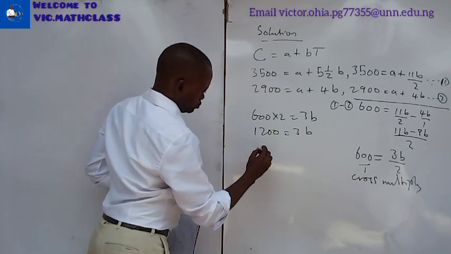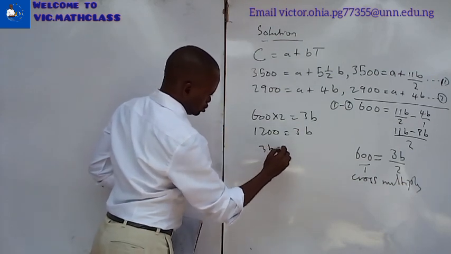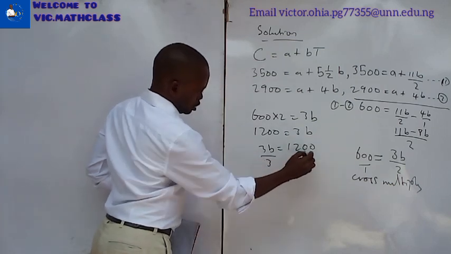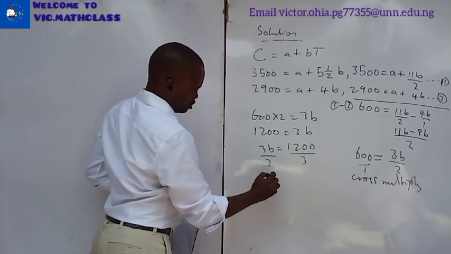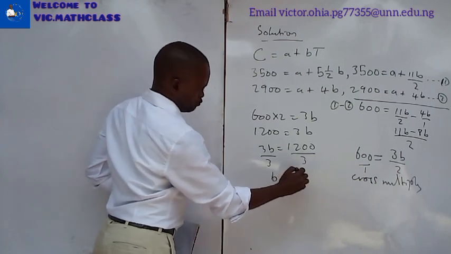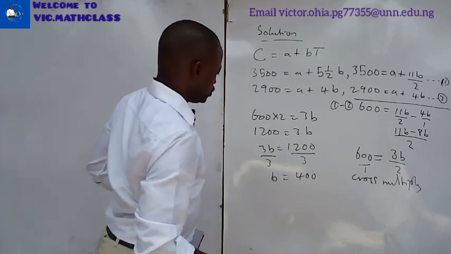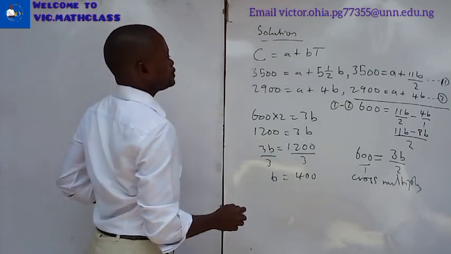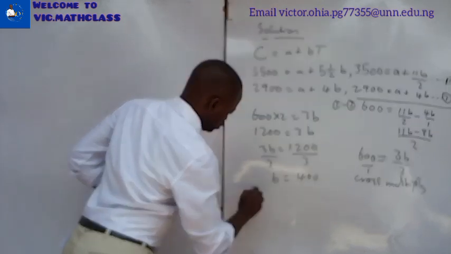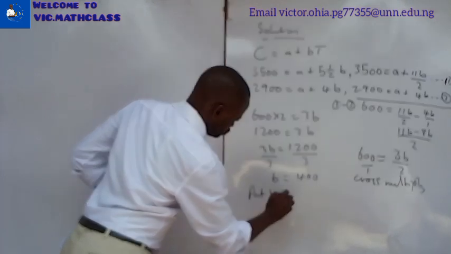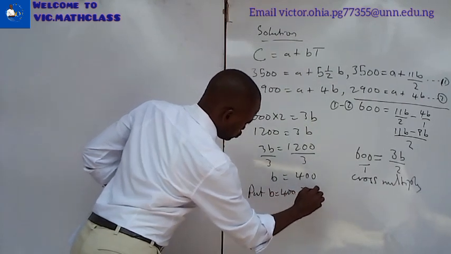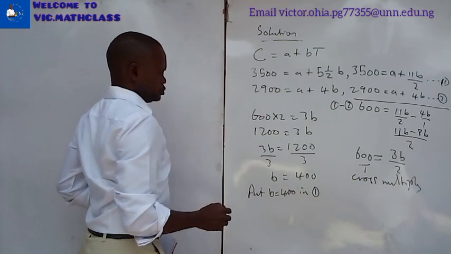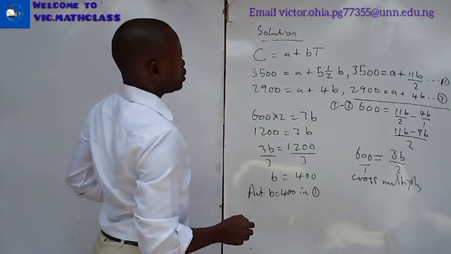So what do we have? 3B is the same thing as 1200. If I divide here by 3 and here by 3, I'm going to have that B equals 400. So I will go back to equation 1 and put B equals 400 into equation 1.